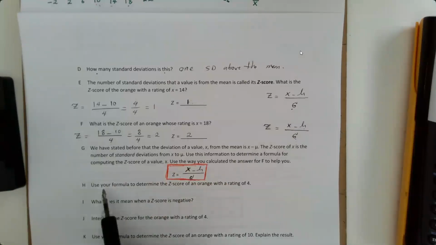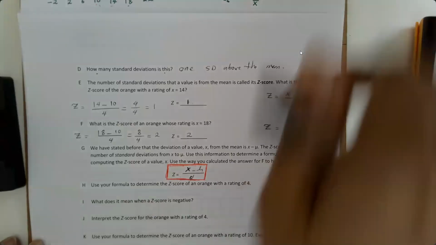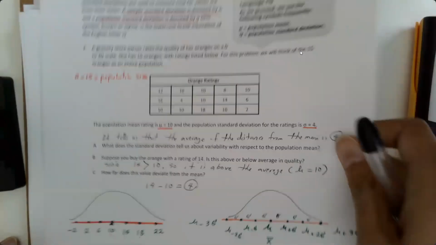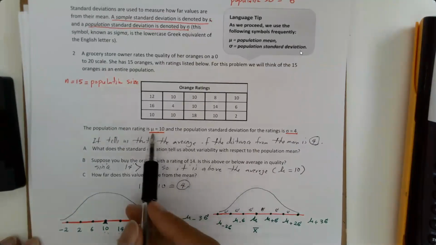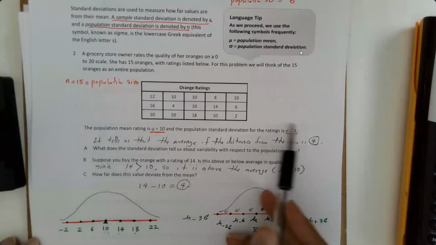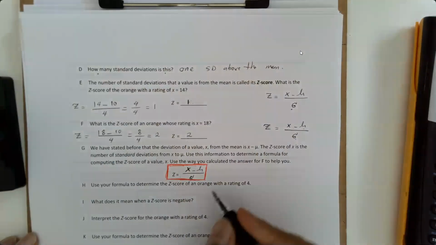Use your formula to determine the z-score of an orange with a rating of 4. So rating is 4. What is this? Is this x? Is this mean? Is this sigma? Well, I know in the question, my mean is given. Mean or typical value is 10. Standard deviation is also given. It is 4. So what I'm left with, x is 4.